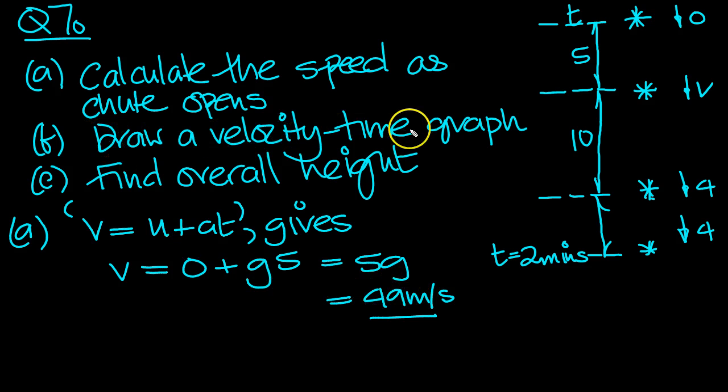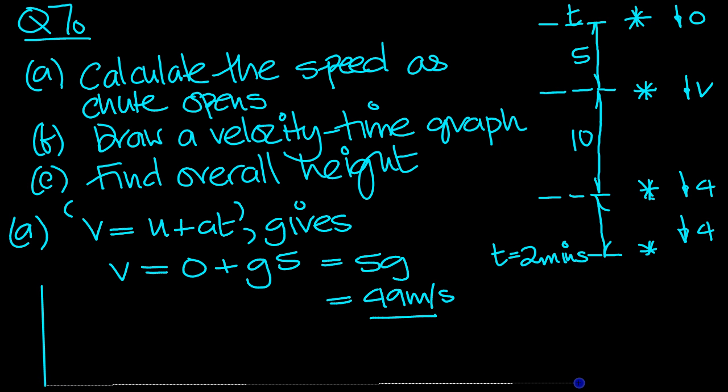So part B, draw a velocity time graph. I'm going to do a quick sketch of that. Now his fastest velocity was 49, wasn't it? So I'm going to mark off 49 here as the top value, or 50 rather. I'll just do it loosely in terms of this sketch, going up in tens.